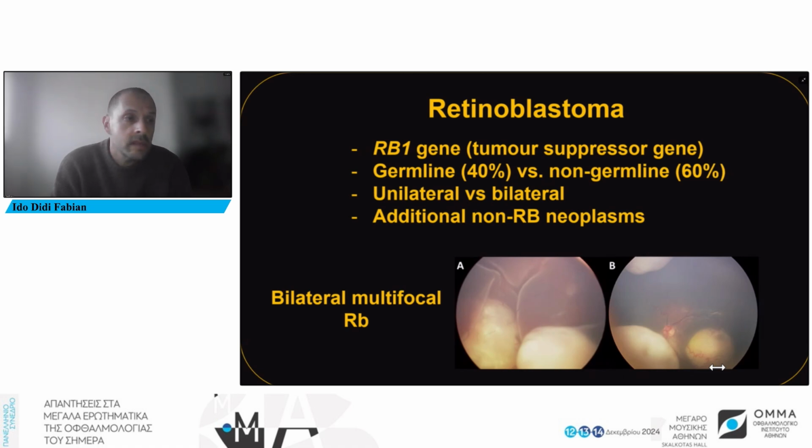So this was termed by Knudson. I don't know if anyone in this audience heard about the two-hit theory. This was termed by Knudson in 1971, and his fabulous paper was published in the PNAS journal back then. So the definition of tumor suppressor gene was done on retinoblastoma.